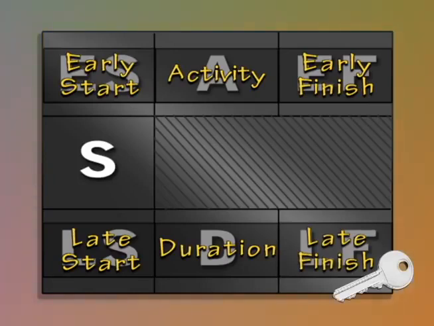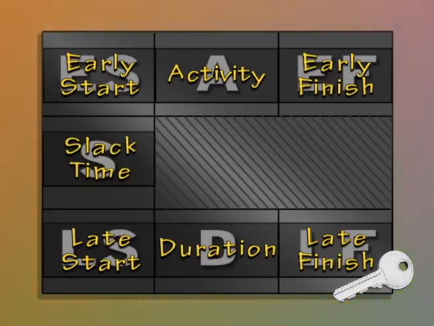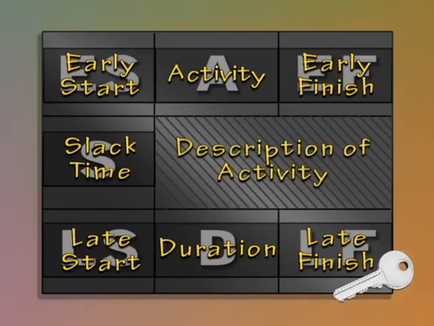Over here we're going to have S, which is equal to slack time. You'll notice this block right here where I have the diagonal lines. All that is a block where you can write a description of the activity if you choose to do so.